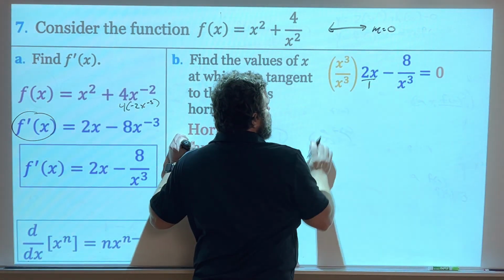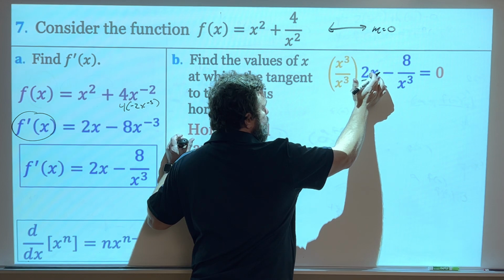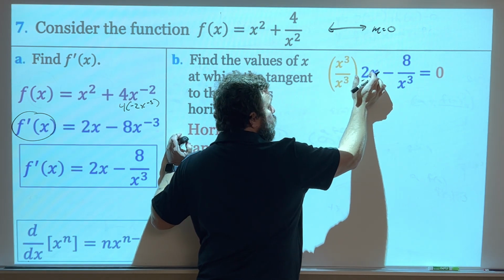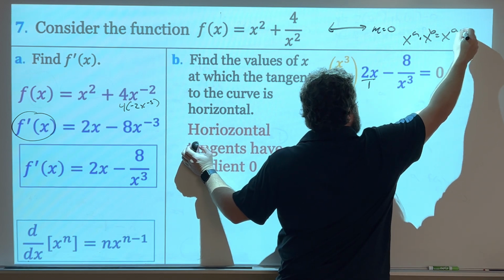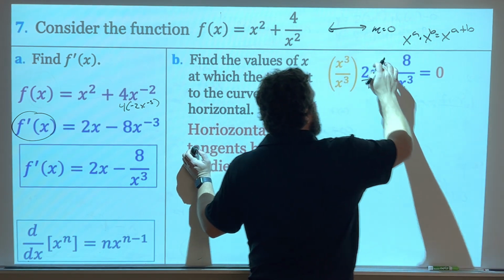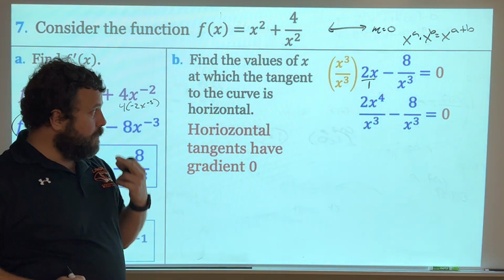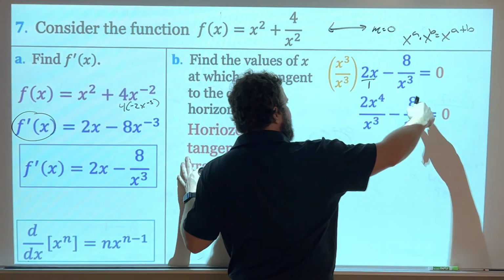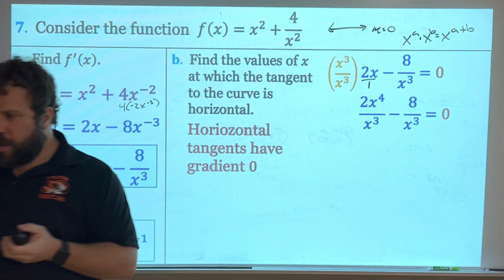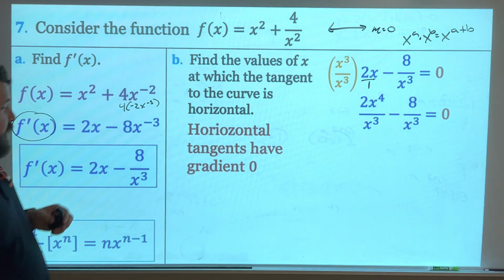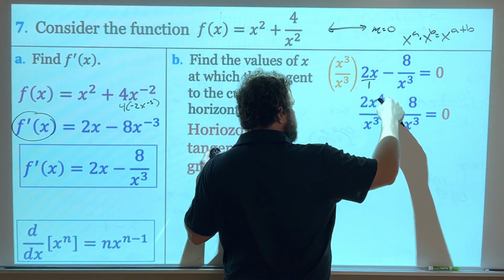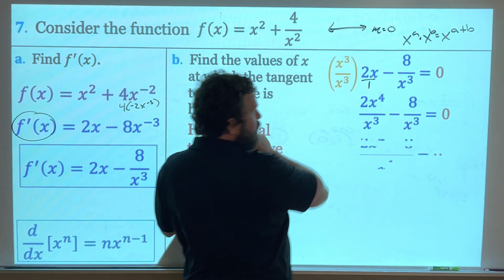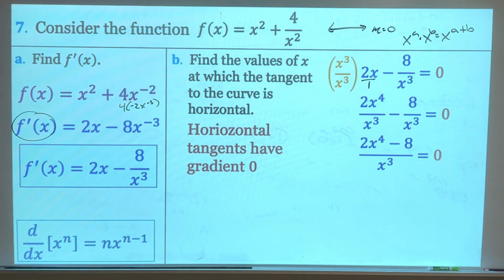So technically for the 2x over here, you do x cubed times 2x, which is 2x to the 4th, because x to the a times x to the b equals x to the a plus b. So that's 2x to the 4th over x cubed minus 8 over x cubed. Because these are both over x cubed, I can just say 2x to the 4th minus 8 all over x cubed. That's allowed.